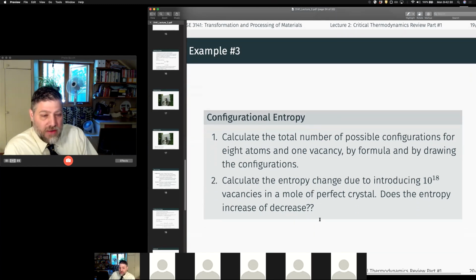It's just plug and chug. The most important part, though, is the question: does the entropy increase or decrease?